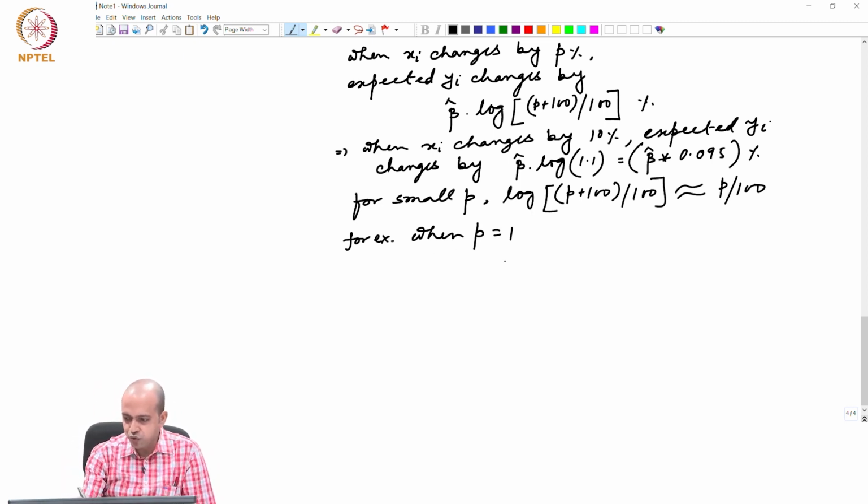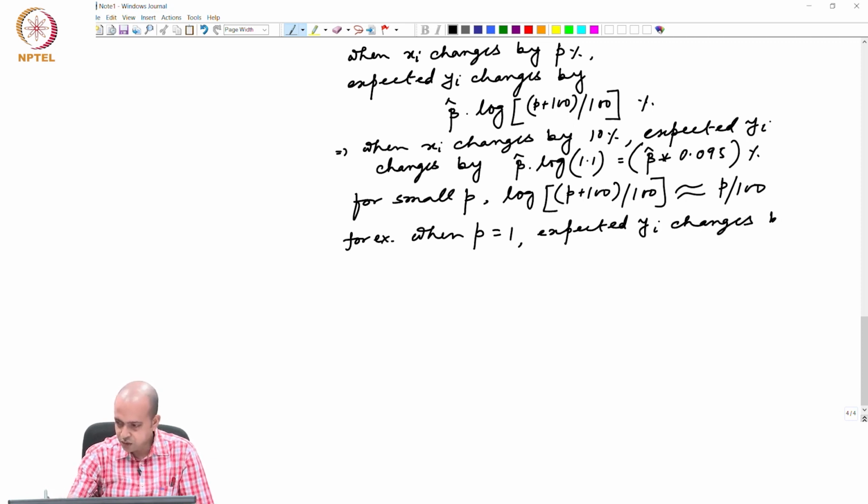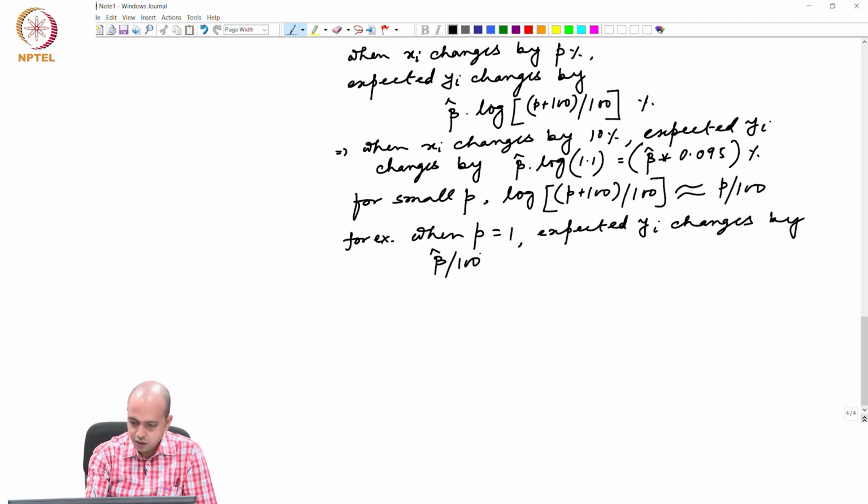When p equals 1, the expected value of yi changes by beta hat divided by 100 percentage.